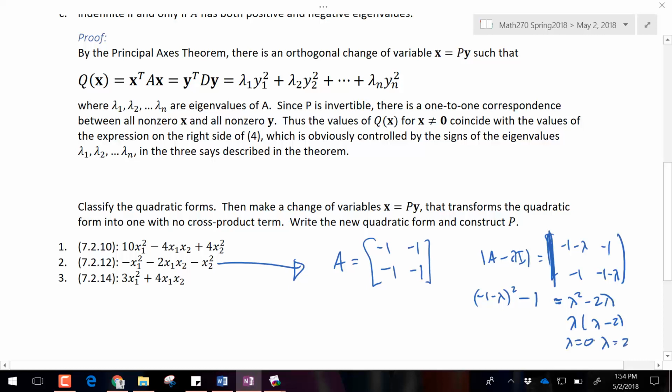The fact that there's a lambda equal to 0 means it's probably going to be one of those semis. And then this is a positive, so this is probably going to be semi-positive. What does that say? It says semi-positive.